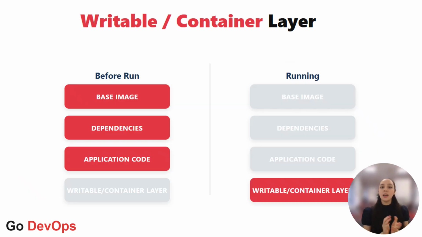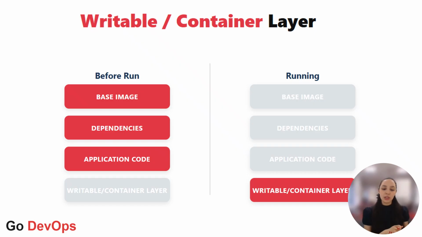Okay, now let's take a closer look at what really happens inside a running container. Every container starts from an image that's built from multiple read-only layers, and these layers are immutable. So once they are created, they can never change after. But when the container actually starts running, a new layer is created.